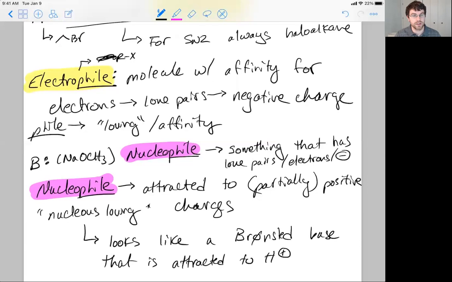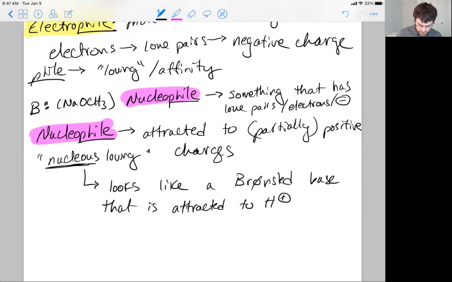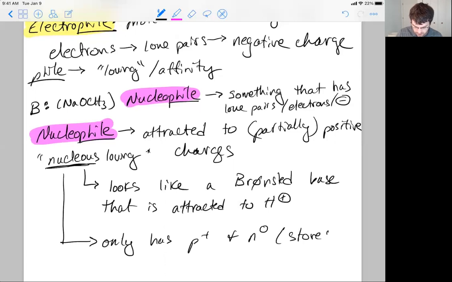If we're going to design a molecule that has an affinity for positive charge, it could be attracted to an H+. Recall that the nucleus only has protons and neutrons, and really it stores all the positive charge.